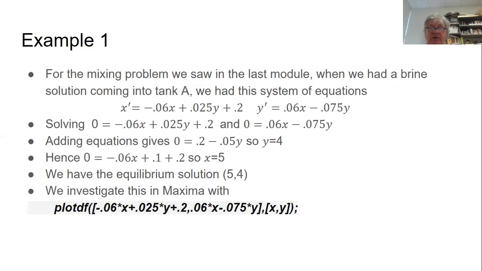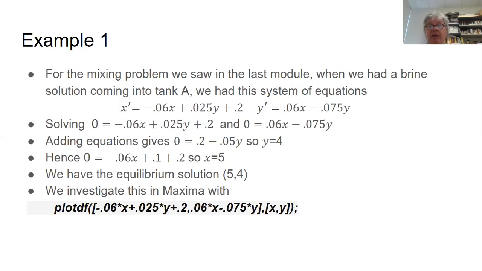Okay, so let's have a look at a few non-homogeneous or nonlinear equations. The first one is a non-homogeneous linear system. Remember, in the mixing problem in the last module, we analyzed it when there was just pure water coming into tank A. What happens if we have a brine solution coming into tank A at a concentration of 0.1 pounds per gallon?